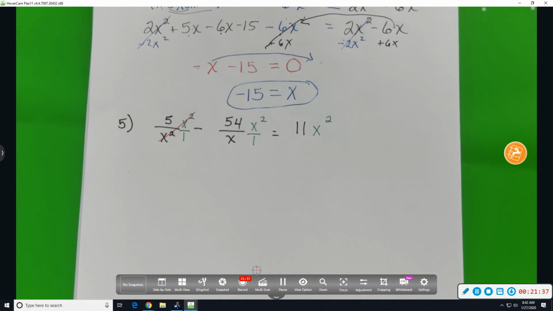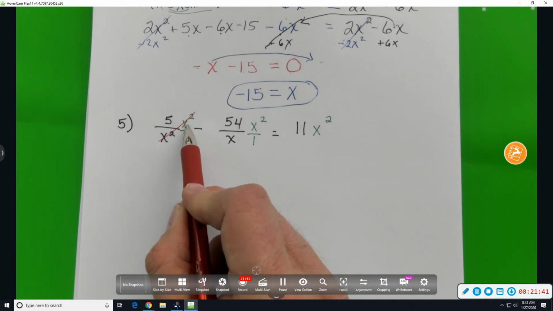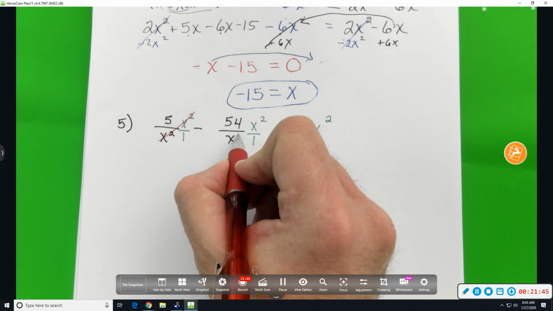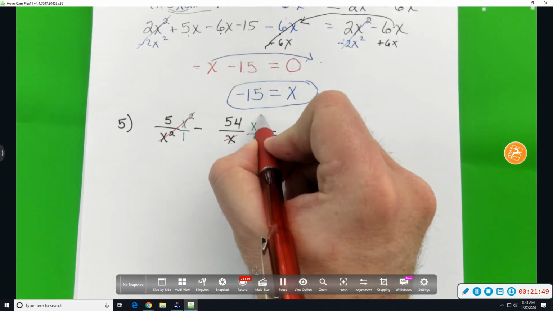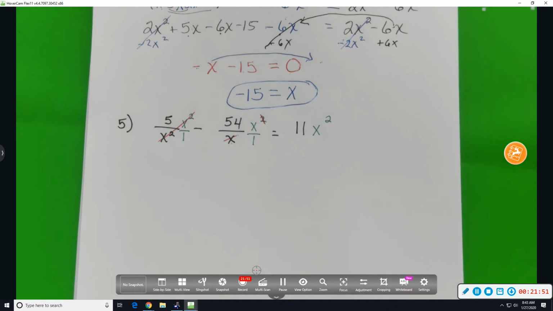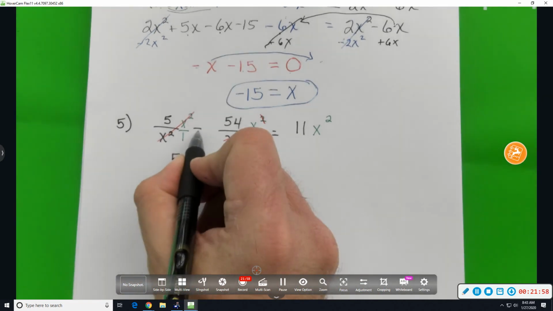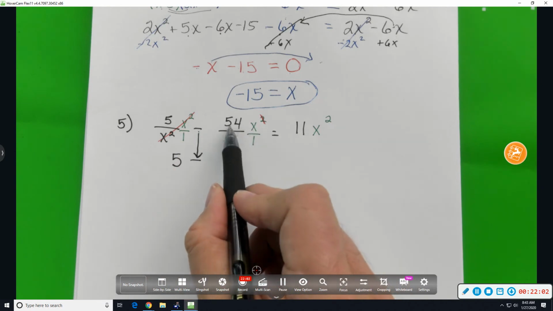So let's see. Here the x squares cross cancel. On the other one, the x cancels with one of these green x's here. So I'm just going to mark out the square. And let me write what's left after all that canceling. We have a 5. The minus I'm about to write is this minus. What do we have here?